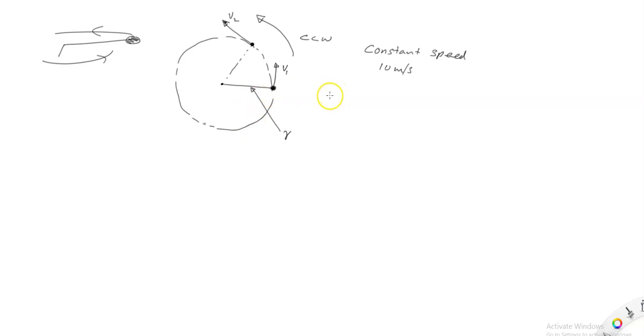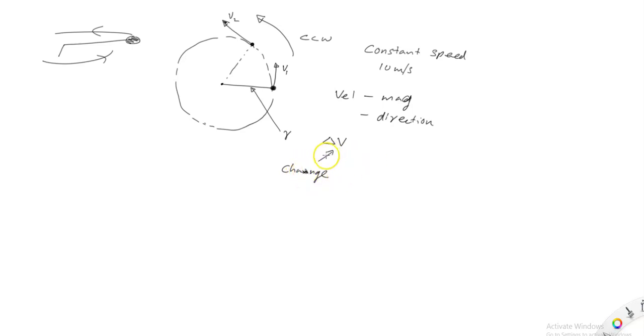Velocity is a vector. It has a magnitude and it has a direction. If at least one of these things is changing, we say that velocity is changing, which means there's an acceleration. Delta V, velocity change.